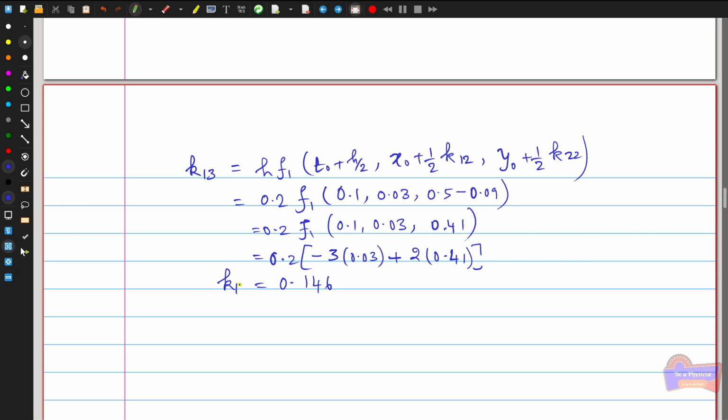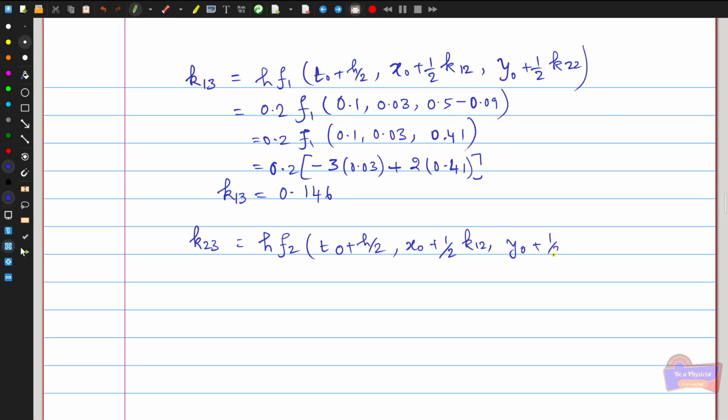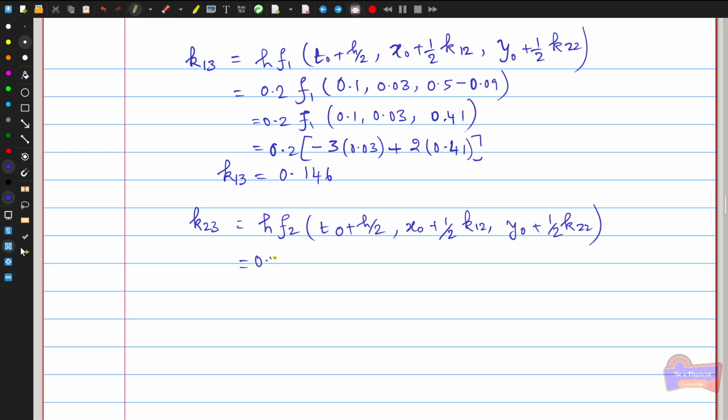That is my k13 value, and k23 I can calculate as h times the function f2 of t0 plus h divided by 2, x0 plus half k12, comma, y0 plus half k22. Again I can substitute the same values here: f2 of 0.1, 0.03, 0.41.